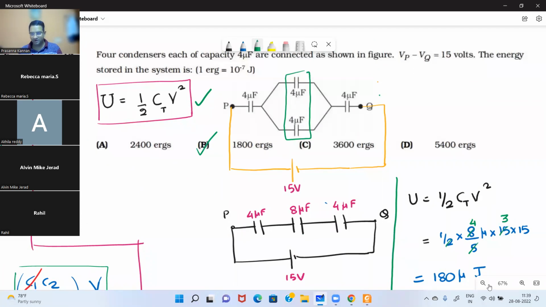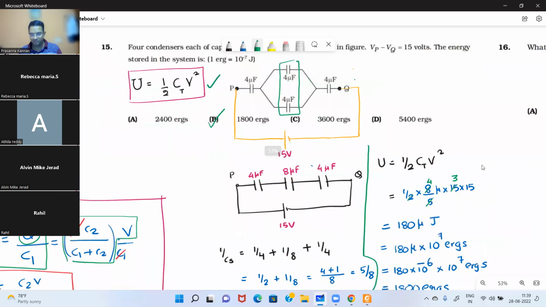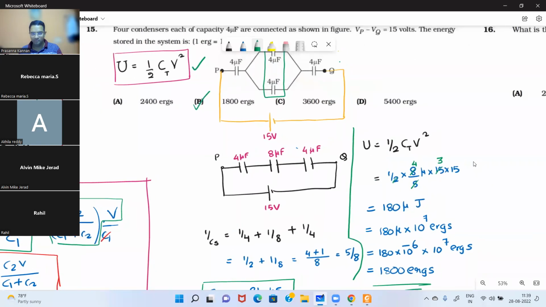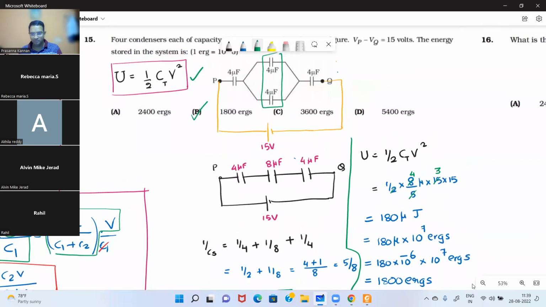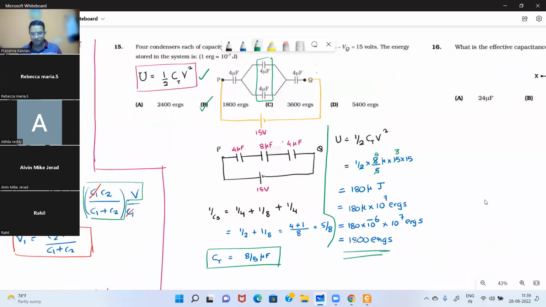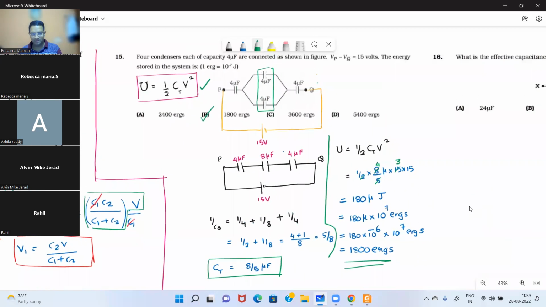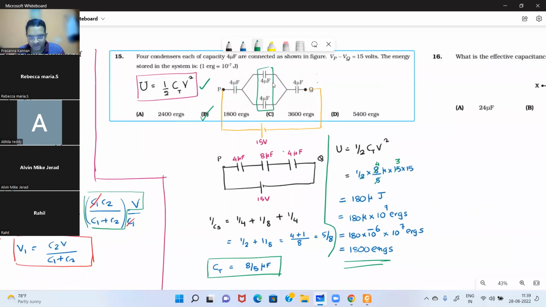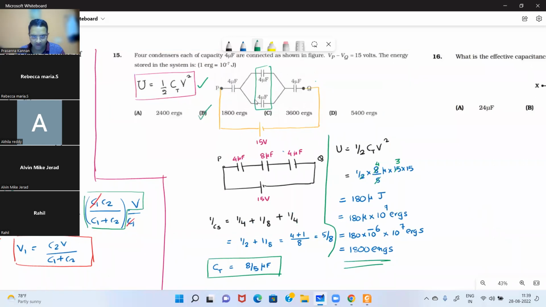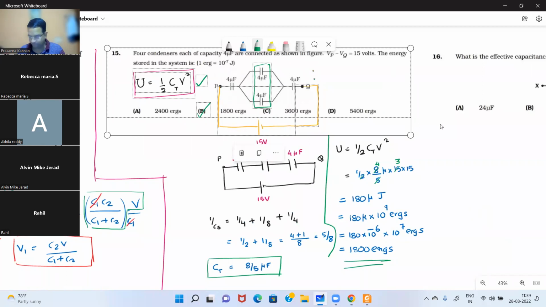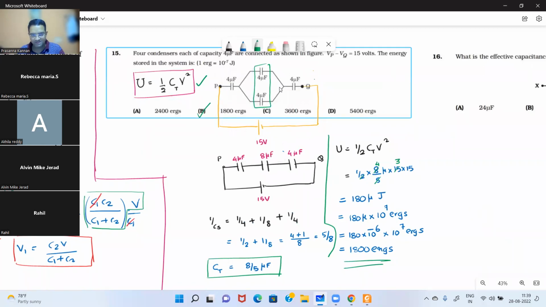So now you can note it down. Let me know if anything is to be repeated. The idea is these two capacitors are in parallel, so the effective capacitance becomes 8 microfarad. All these 3 capacitors are in series: 8, 4, and 4.